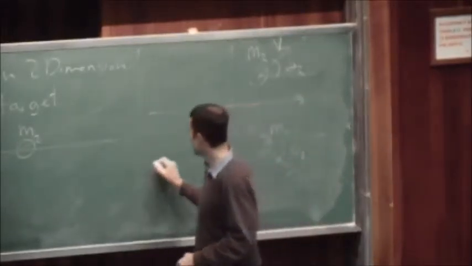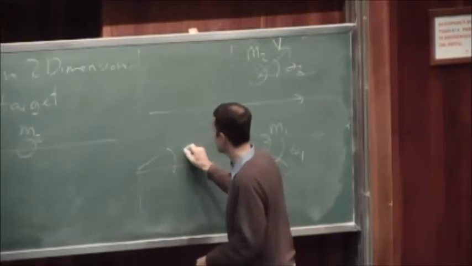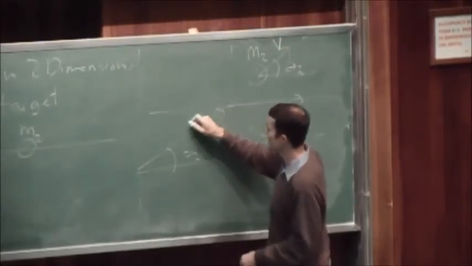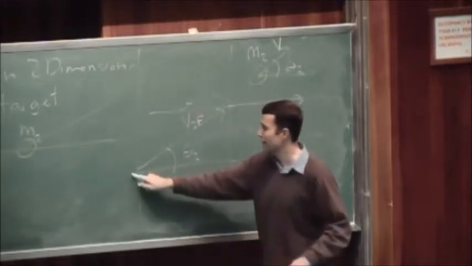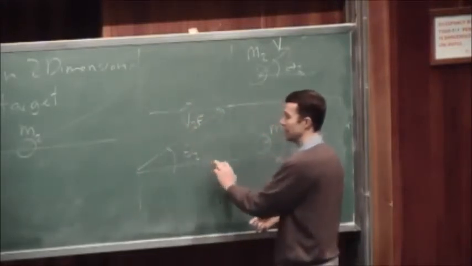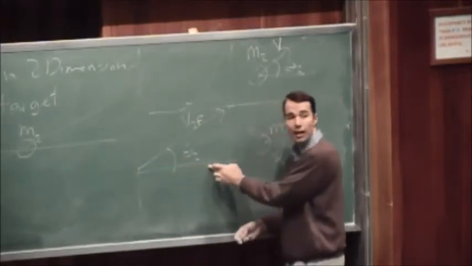So if this is the velocity vector here, this is theta 2, this is V2 final, then I want to find the amount of V2 final in the direction of the x-axis, which is V2 final cosine of theta.